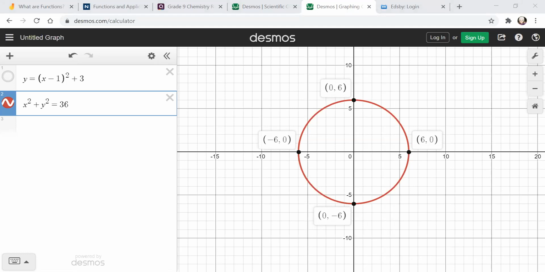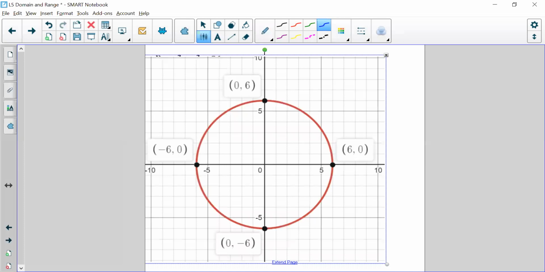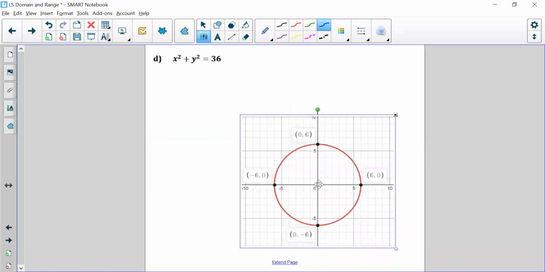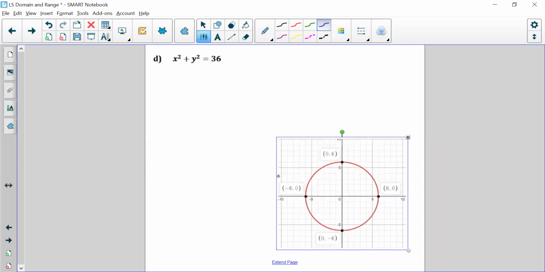So you'll probably want to take a look at these notes when you're doing your worksheet later on today. Let me just take a copy of that. Let's figure out how we're going to write this in math terminology. It only exists between -6 and 6 on the x-axis. So domain is, I'm just going to abbreviate that to D, all real numbers.